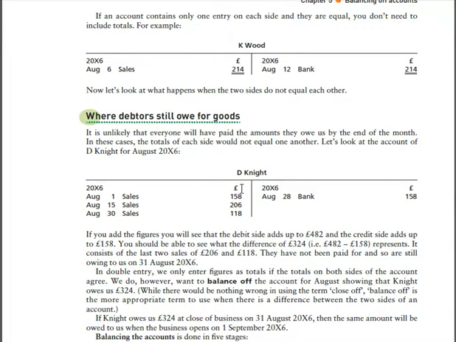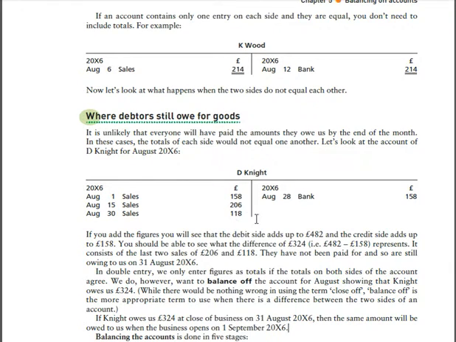If we were to total all the debits and all the credits, just based on a rough analysis, we can see that the last two transactions of 206 and 118 are still pending, which means D Knight is still owing us that amount. If we were to put a total at the bottom for both of them, this would be more than this.